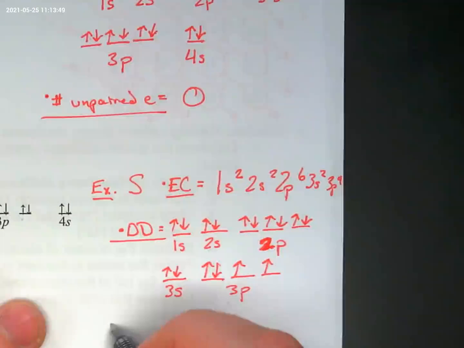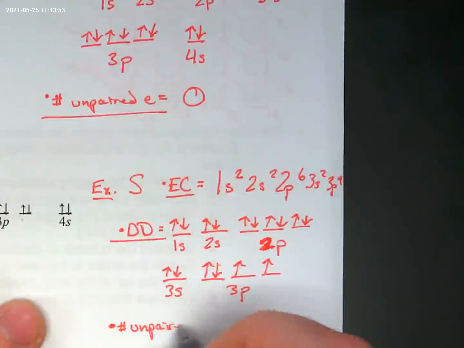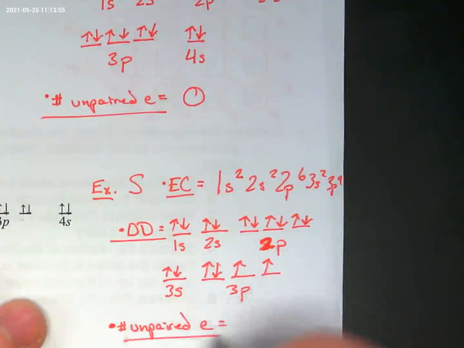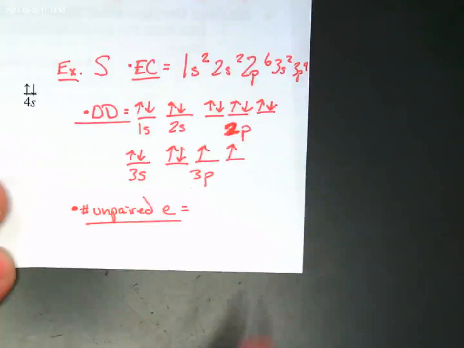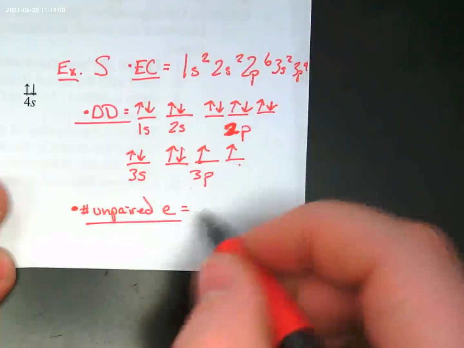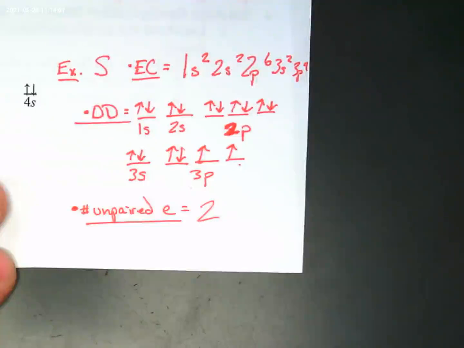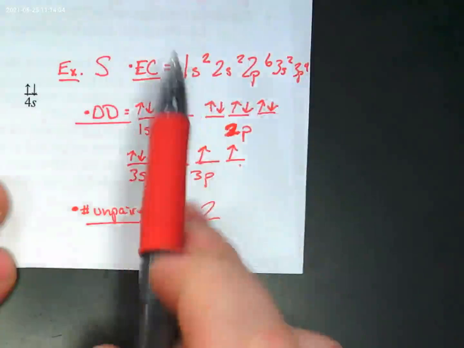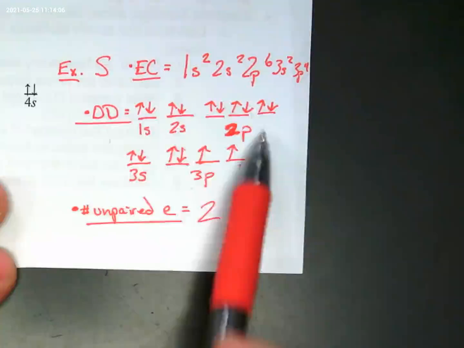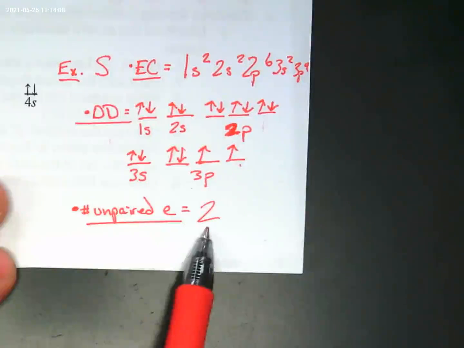Fill in 4. And then identify the number of unpaired electrons. And this one happens to have just 2 unpaired electrons. Easy peasy. So, electron configuration, orbital diagram right here, unpaired electrons.